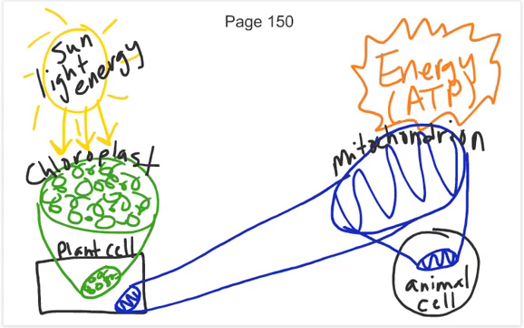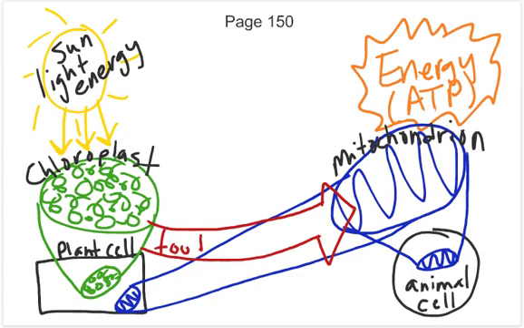I guess I'll use red so it matches the one in the book. So this one goes here. Okay. And this one, I'm just going to write the plain words of it.